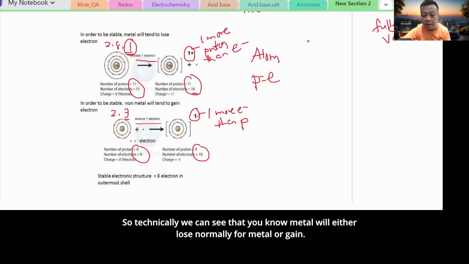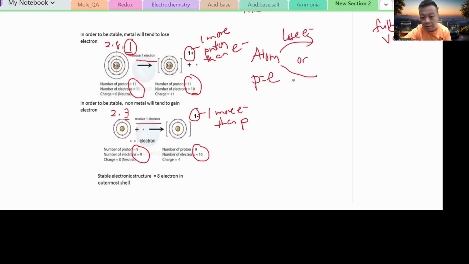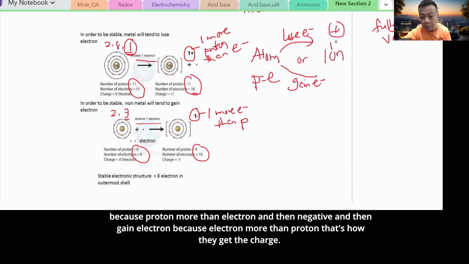Okay, so technically we can see that an atom will either lose, normally for metal, or gain, normally for non-metal, and then they form ions. So they become positive because protons are more than electrons, and negative if we gain electrons because electrons are more than protons. That's how they get the charge.